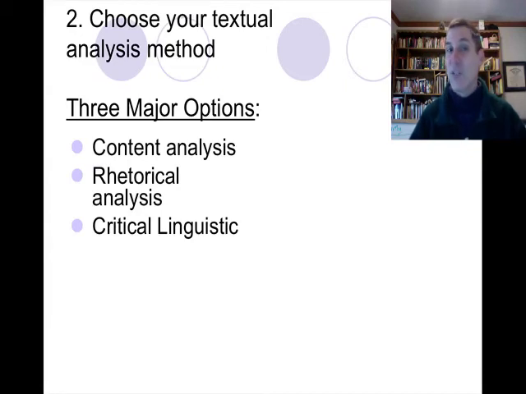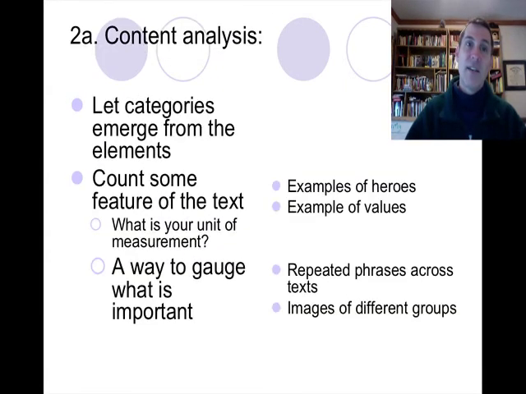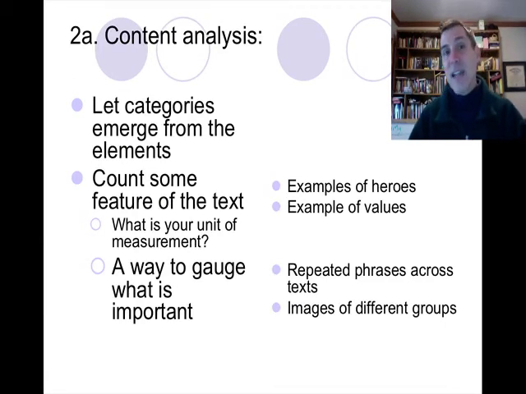And as I mentioned earlier, we're going to talk about content, rhetorical, and critical linguistic. Content analysis is this notion of letting categories emerge from the elements. And that is, you're going to look at some feature of the text, determine a unit of measurement, and in that process, begin to determine what's important.